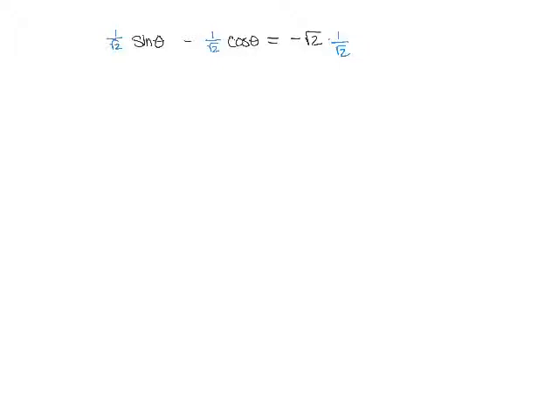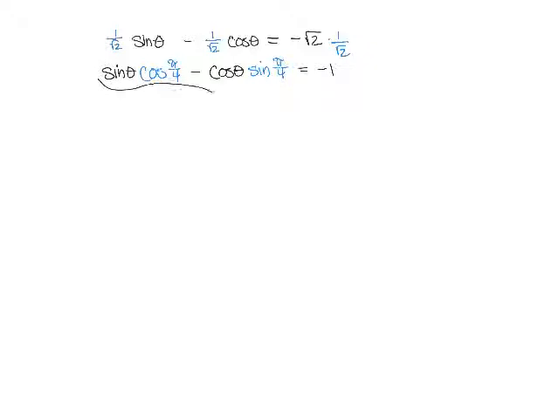So what we can think of it as looking like is the sine of theta times the cosine of pi over 4 minus the cosine of theta times the sine of pi over 4, and that is equal to negative 1.